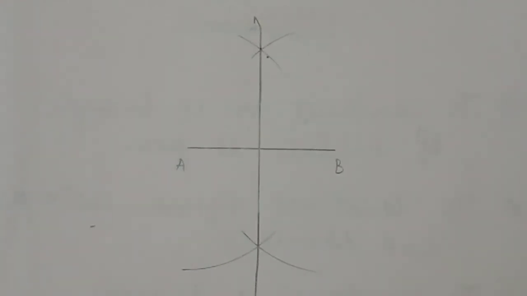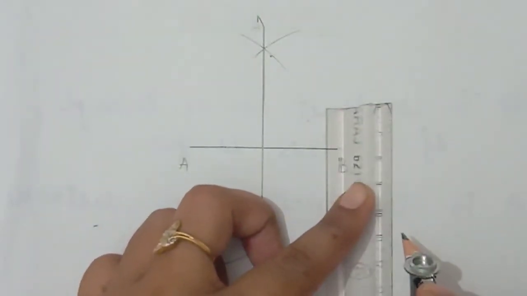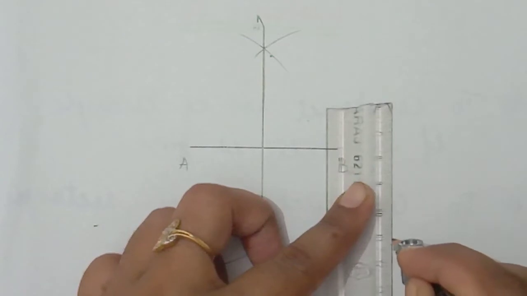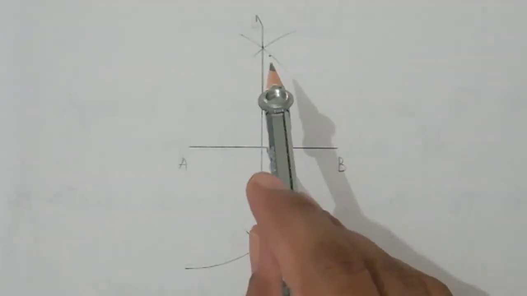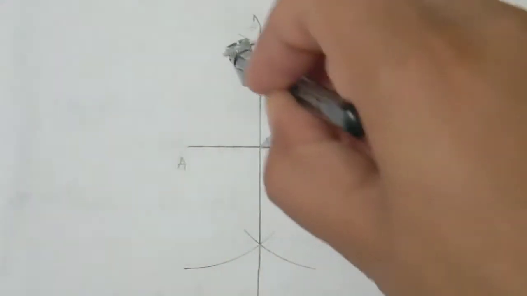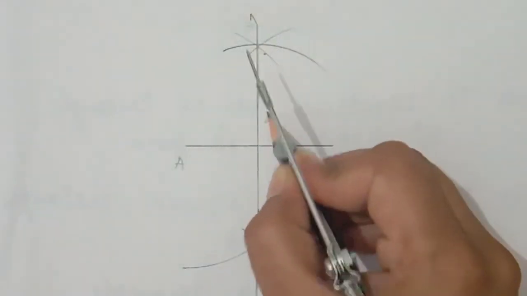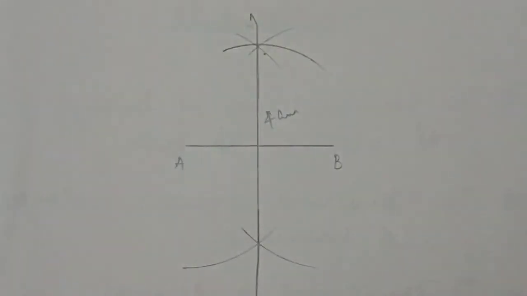Now we know it very well that the altitude is 4 centimeter. Then we will open our compass 4 centimeter. This is 4 centimeter. So we will put it here at the center of the perpendicular bisector and then draw an arc of 4 centimeter. This is our 4 centimeter altitude.